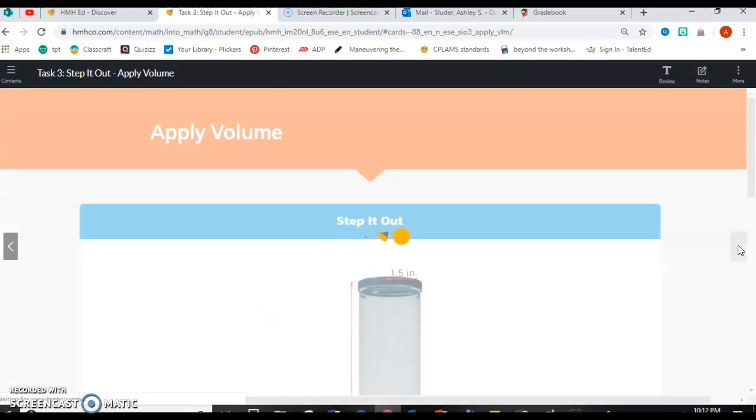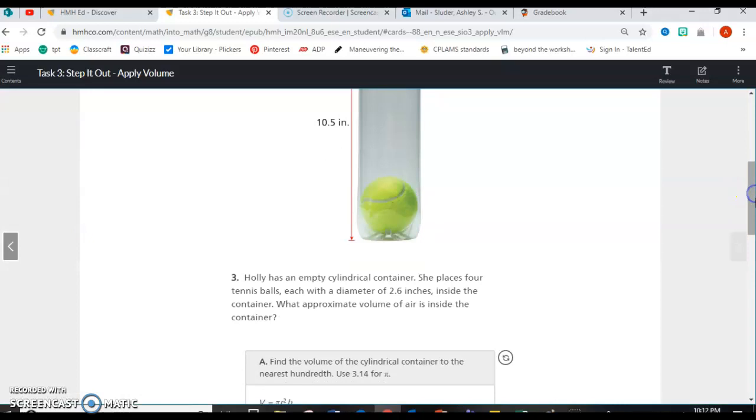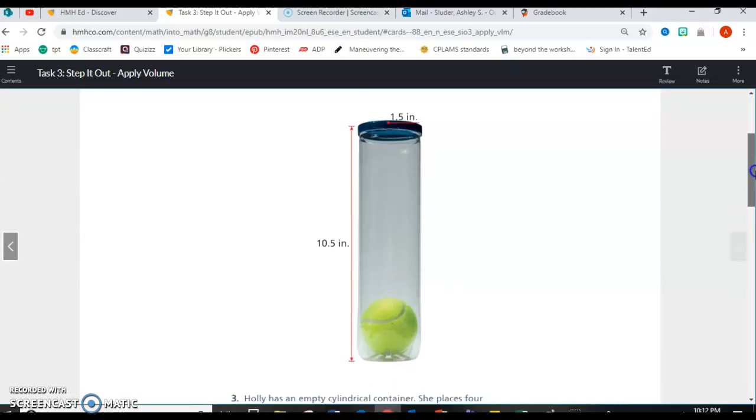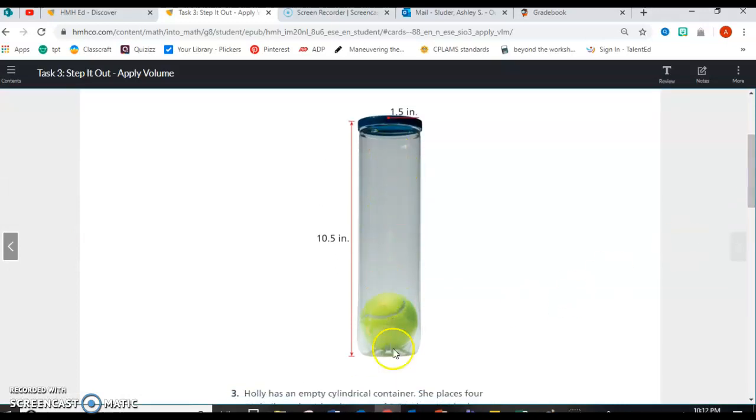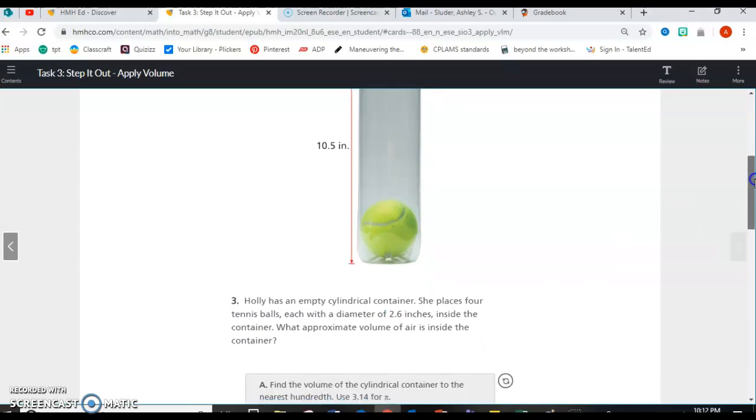And now we come to my favorite problem. If I have a cylinder that I place tennis balls inside, I now have two shapes that I can solve for: the formula of the volume of the cylinder jar and the volume of the tennis balls inside.